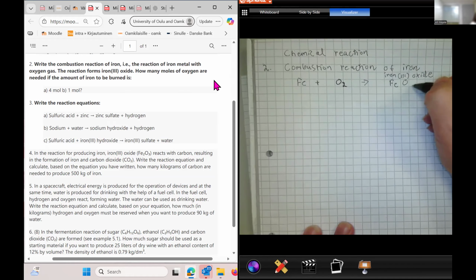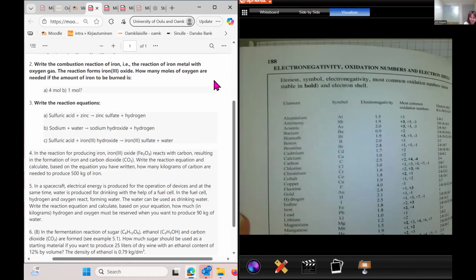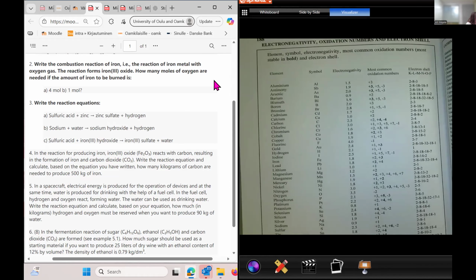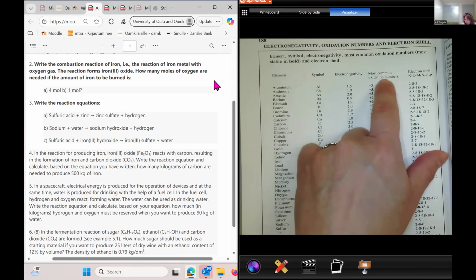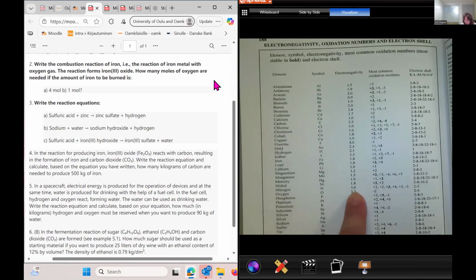And now we need some letters there. We should know what is iron 3 oxide. Of course, we can Google it, or we can check this from the technical formulas: the element and the most common oxidation numbers, which for oxygen is usually always, in the substances that it forms, -2.